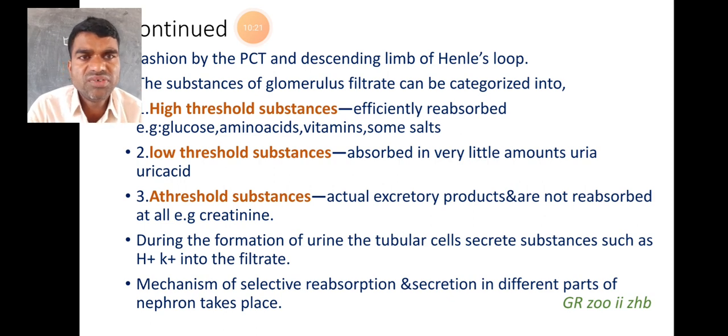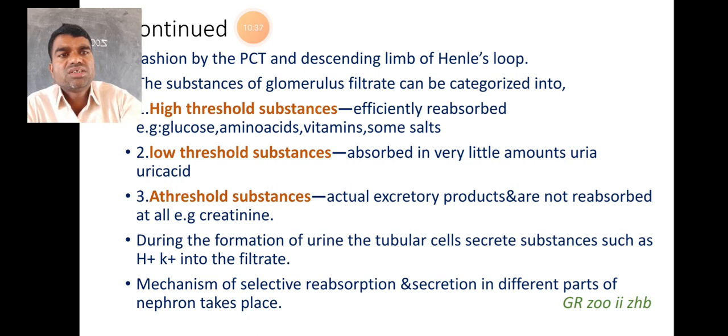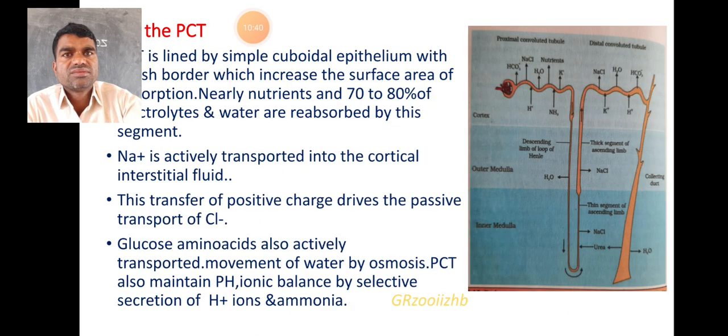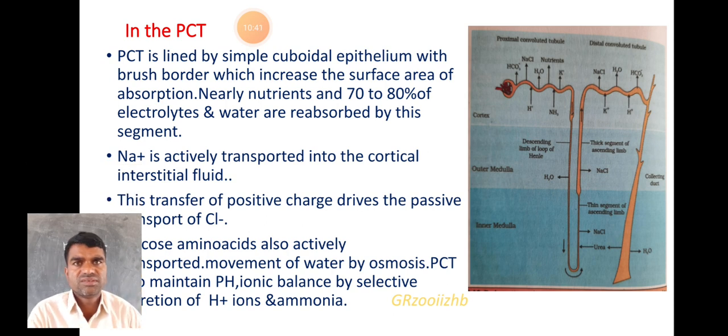During the formation of urine, the tubular cells secrete substances such as H+ and K+ ions into the filtrate. The mechanism of selective reabsorption and secretion takes place in different parts of the nephron. Now, continuing with the PCT, the proximal convoluted tubule.